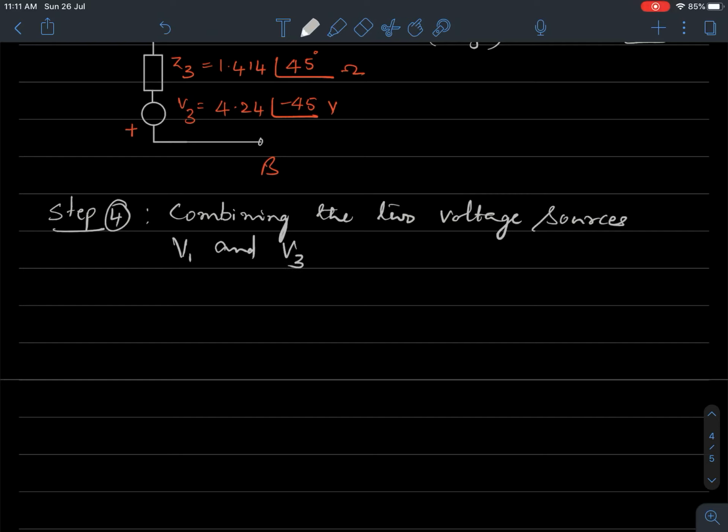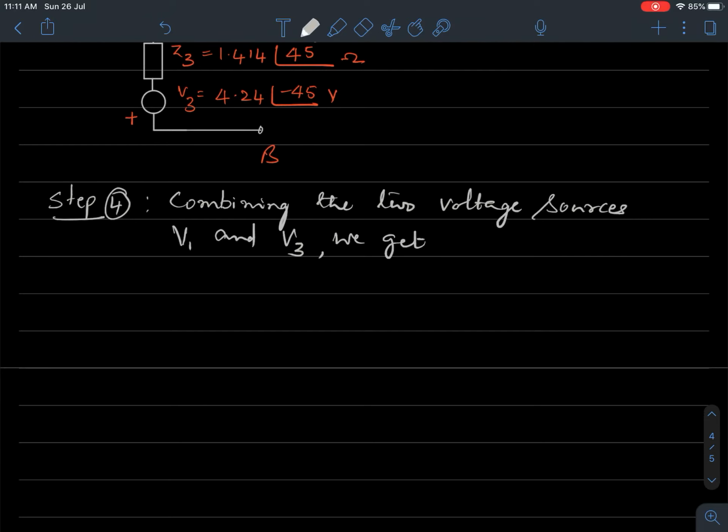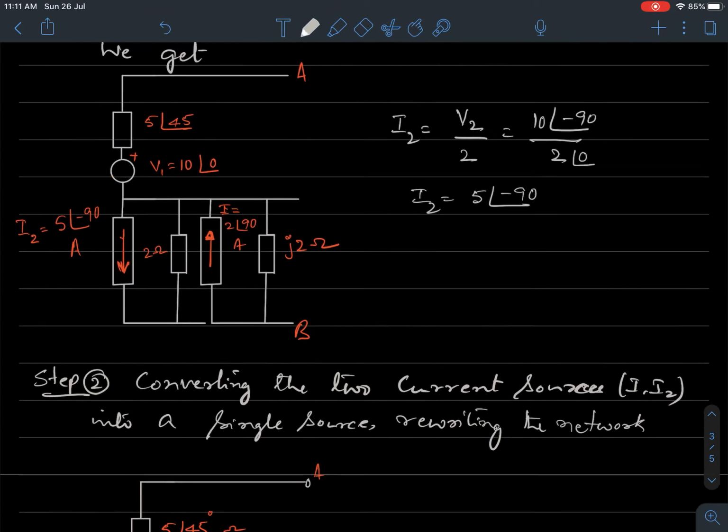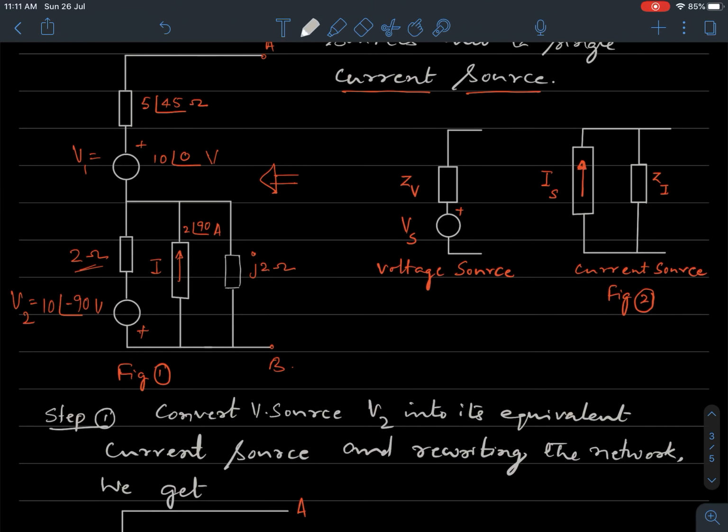What are the two voltage sources? V1 and V3. What do we get? We get the following figure. That's what we mean. Okay, we will try to write the figure. I will pick up the voltage source again.